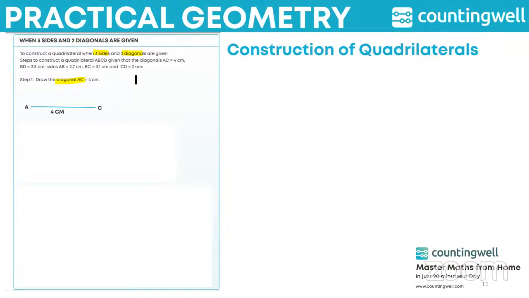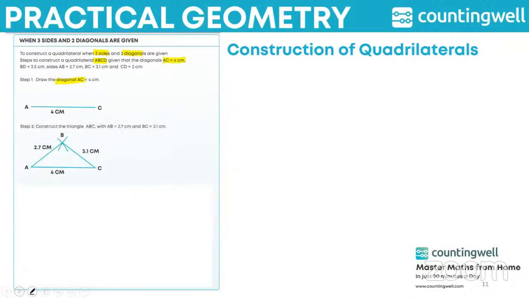So here we are taking AC equal to 4 centimeters. Note that we are constructing quadrilateral ABCD. So AC will be the diagonal as it connects opposite vertices of the quadrilateral. So AC is 4 centimeters.